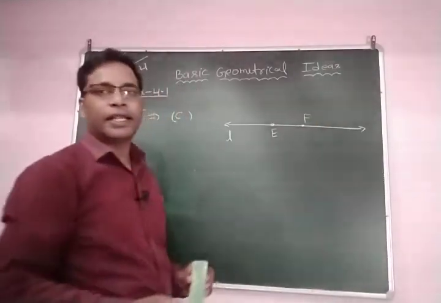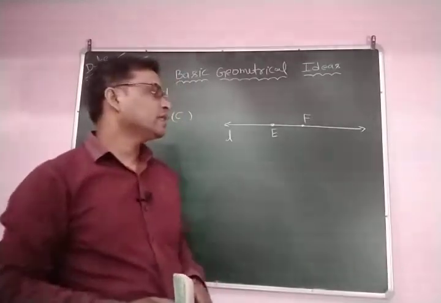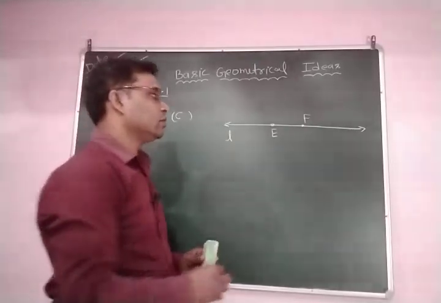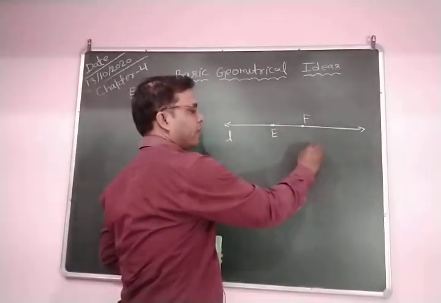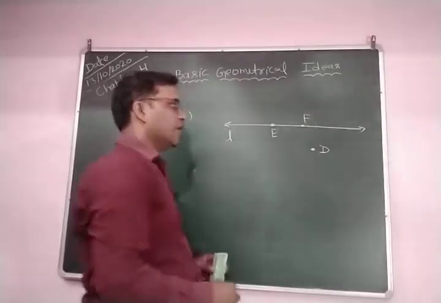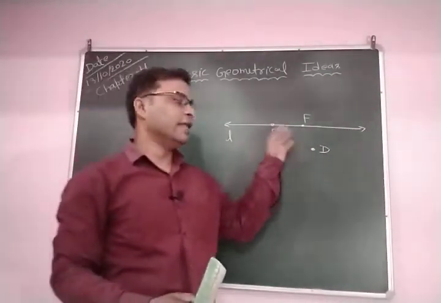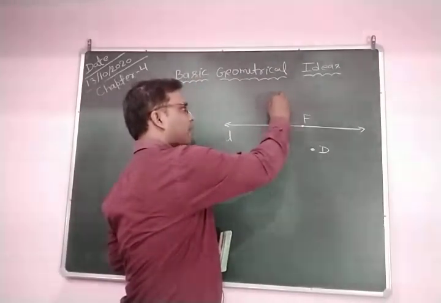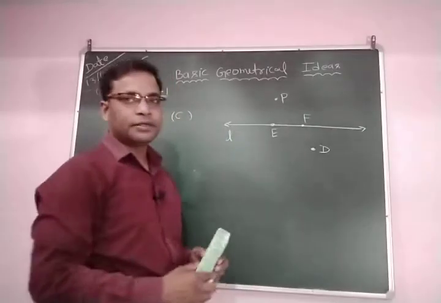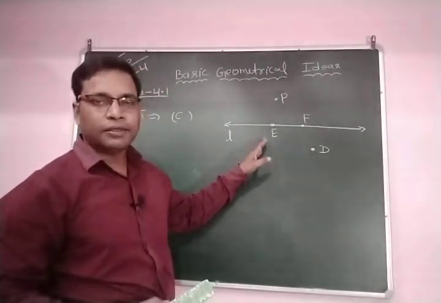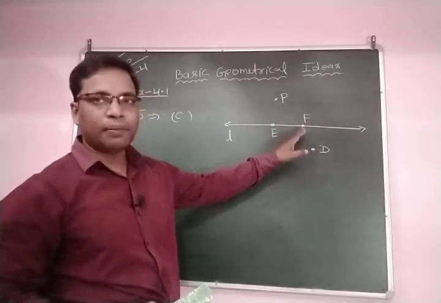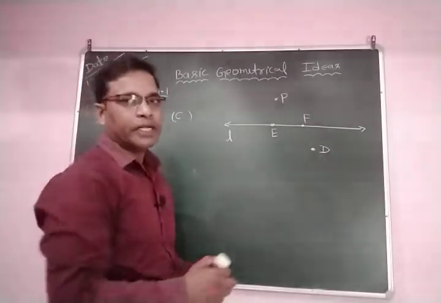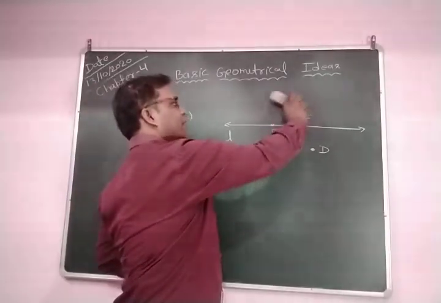But this line does not contain point D, so you can write point D above the line or below the line, anywhere. Here we take point D. If you write any point like P here as well, it means line L contains E and F but does not contain D and P. But in this case only D is given.